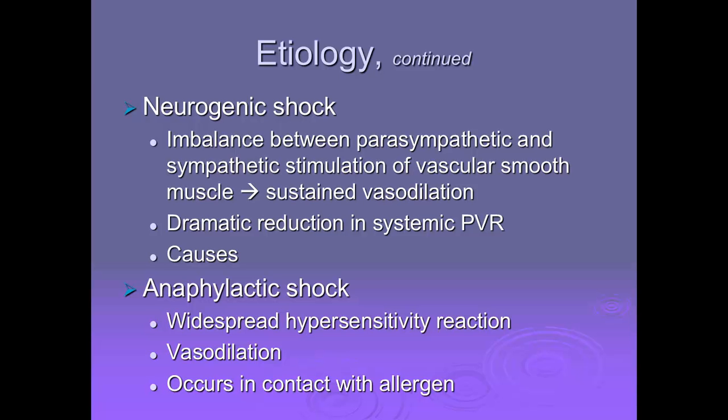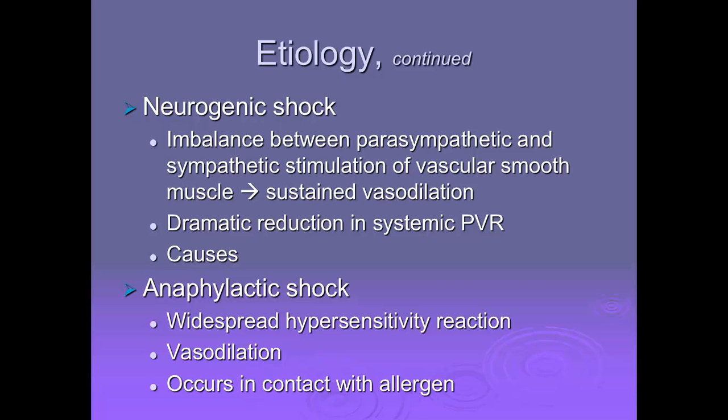Signs and symptoms: early on they will have bradycardia, then it will turn into tachycardia as compensatory mechanisms are initiated. The CVP will drop as the veins dilate. Venous return to the heart decreases, stroke volume decreases, and their MAP falls.